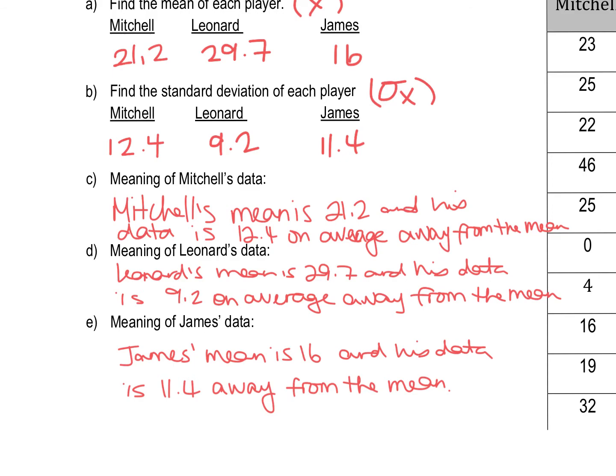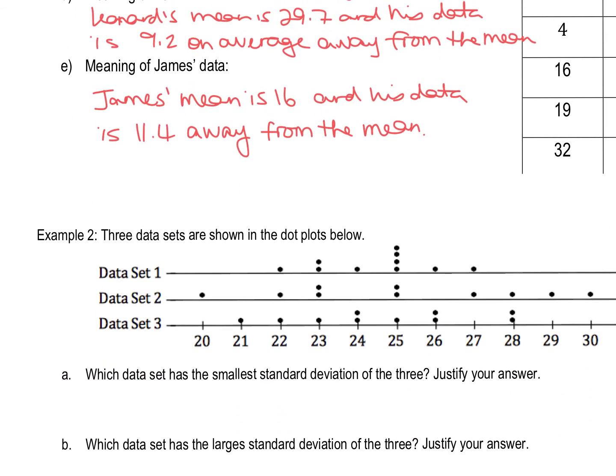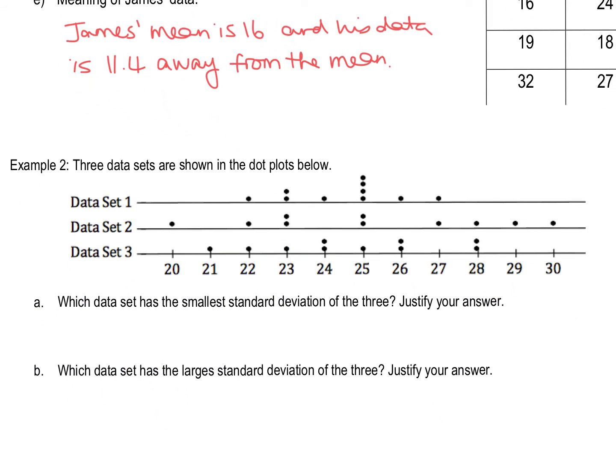The second example on our notes gives us 3 data sets and asks us to find the standard deviation for each one. And so what we'll need to do is pick up our calculators and plug in the data for each data set one at a time.